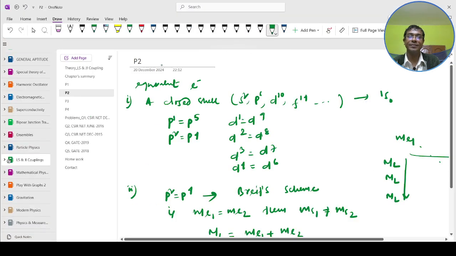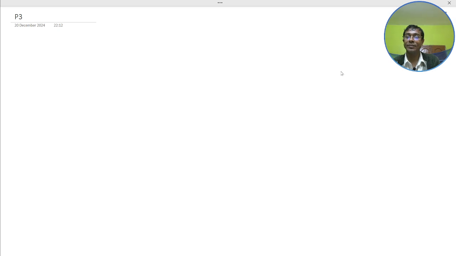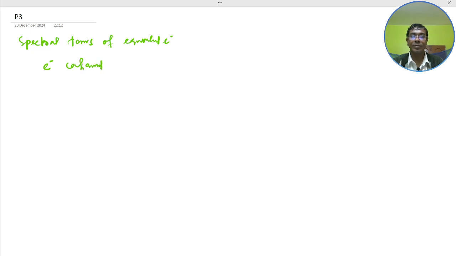Next thing is that the spectral terms of equivalent electrons. So basically, electron configuration, and here the terms.